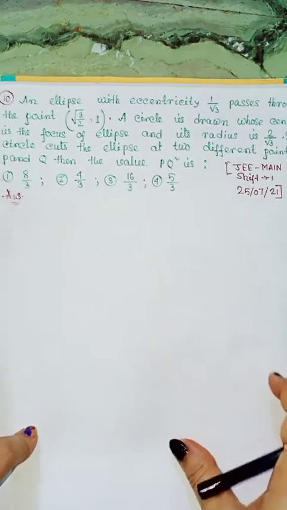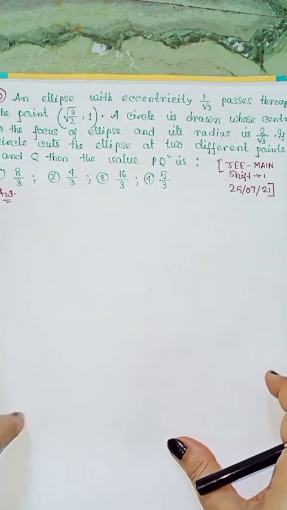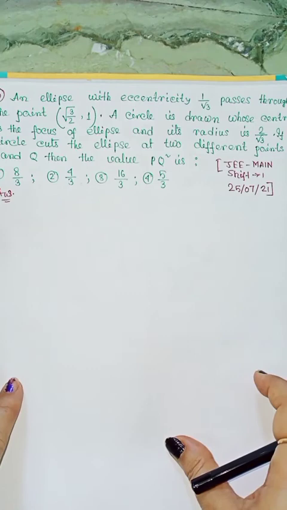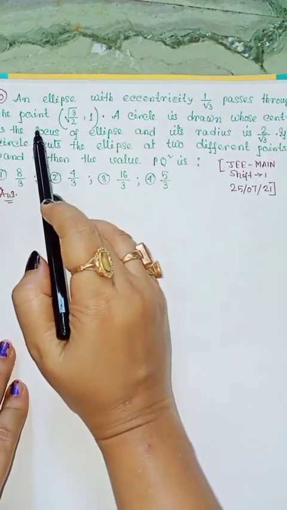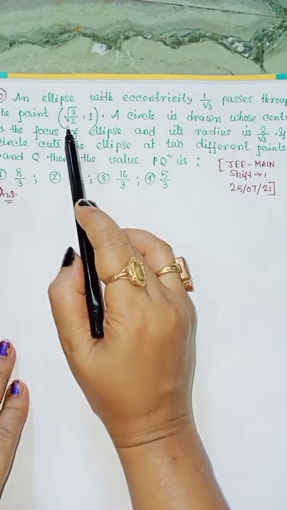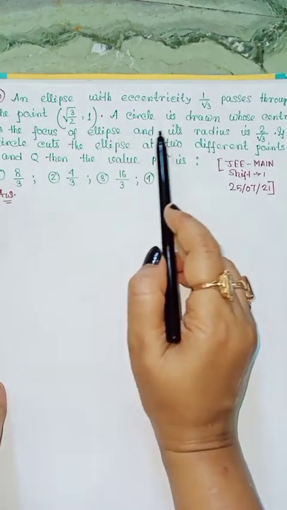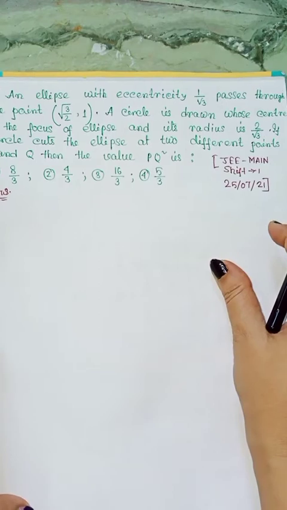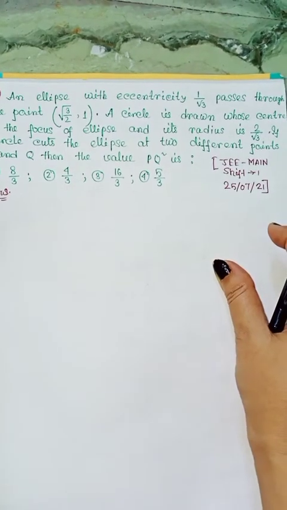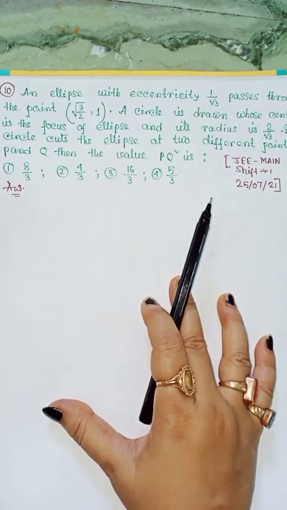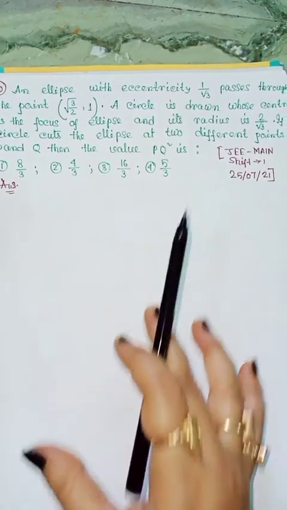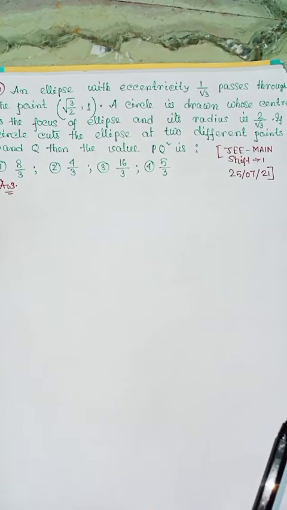Question 10 tells us that an ellipse with eccentricity 1 by 3 passes through the point root 3 by 2 comma 1. A circle is drawn whose center is the focus of the ellipse, and its radius is 2 by 3.